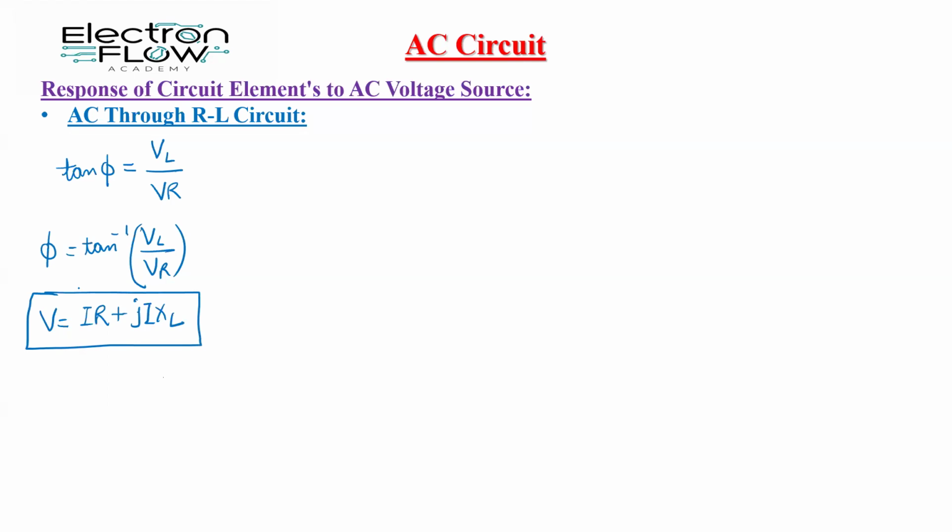So we can write the expression V upon I is equal to R plus j XL. Here it is clear that the ratio of the applied voltage to the resultant current, which is V upon I, is called impedance.